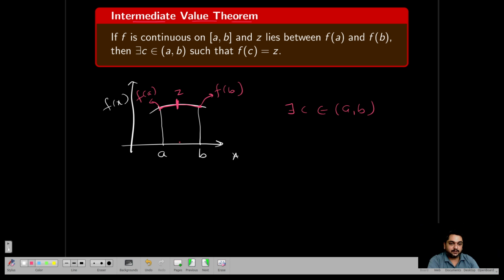That means somewhere here, it's c. There exists a point c between a and b such that f of c is equal to z. That means this point is equal to f of c. This is the intermediate value theorem.